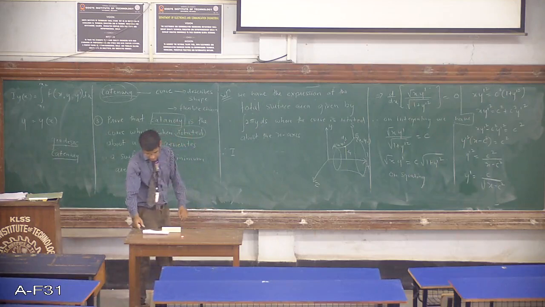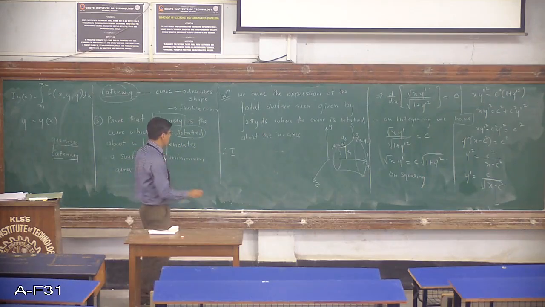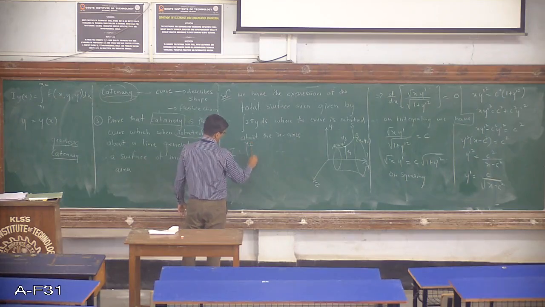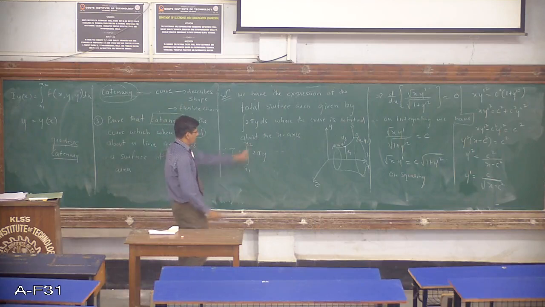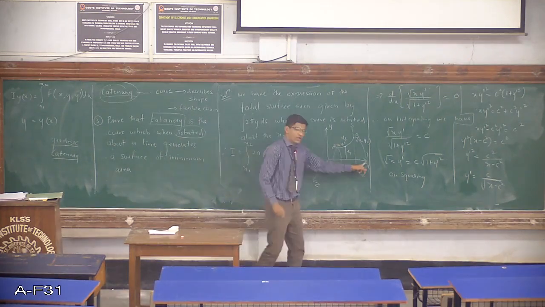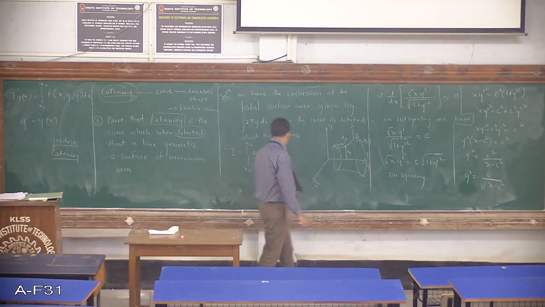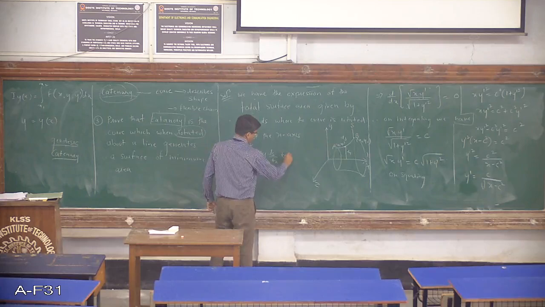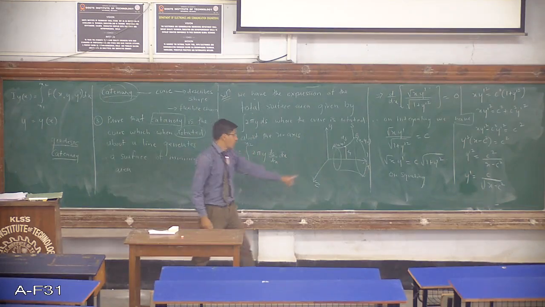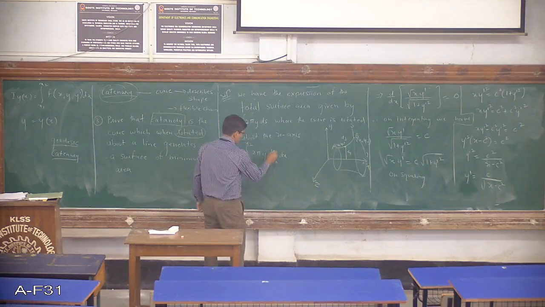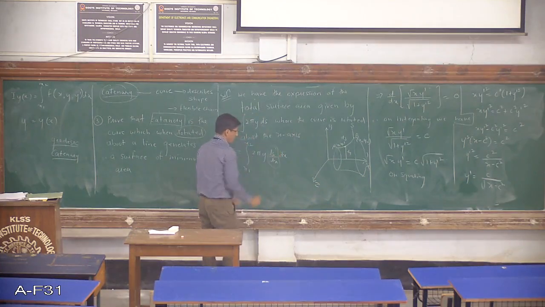Therefore the integral I is equal to the integration from x1 to x2 of 2 pi y ds. Along what axis you are taking, it is generating along x, so I will write it as ds by dx times dx. Some part I am taking of this curve S, that is the arc length, so this is ds by dx.